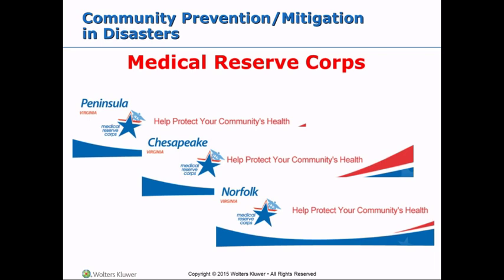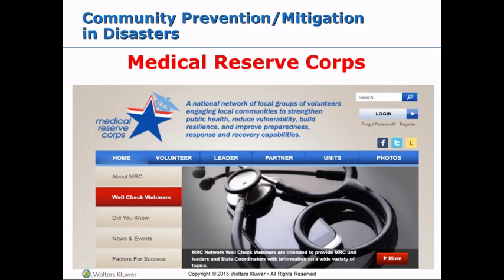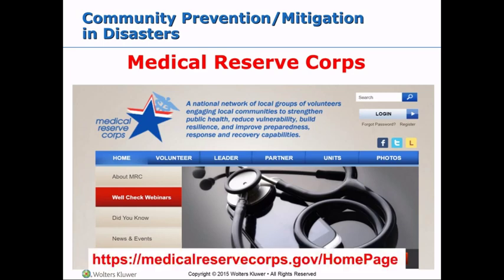The MRC network comprises 989 community-based units and almost 200,000 volunteers located throughout the United States and its territories. MRC volunteers include medical and public health professionals as well as other community members without healthcare backgrounds.